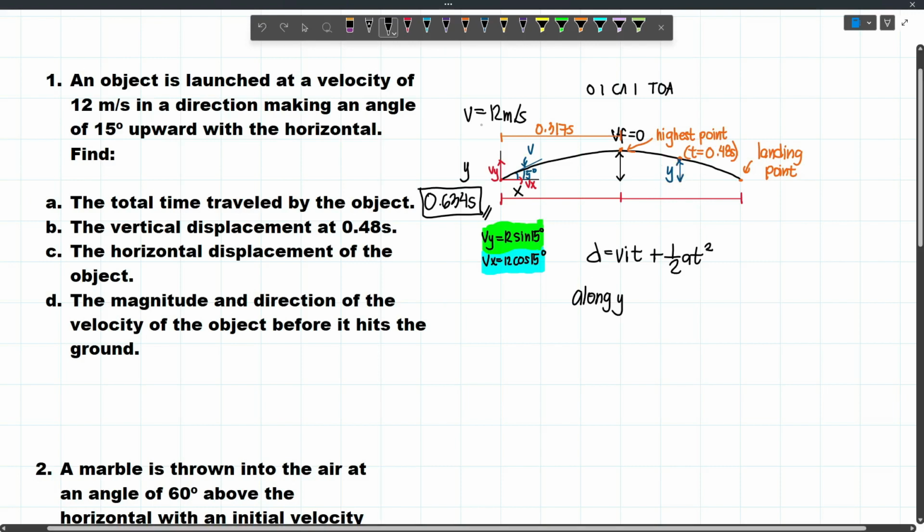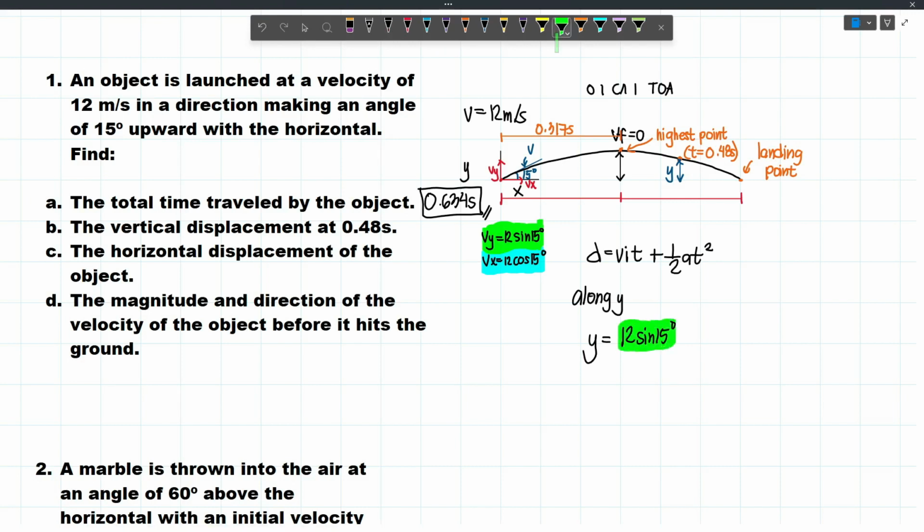Kaning distance ba? So balik mahimo na siyang y, atong lang na siya less than, and then equals ang Vi na atong gamiton is along y pod, and then along y mao man ni siya 12 sine 15. And so let's change that one to 12 sine 15. Kana atong ning kolaran para klaro nga Vy na siya, and then multiplied by time. Ang time na to is katong nasa given nga 0.48 seconds, and so this will be 0.48.